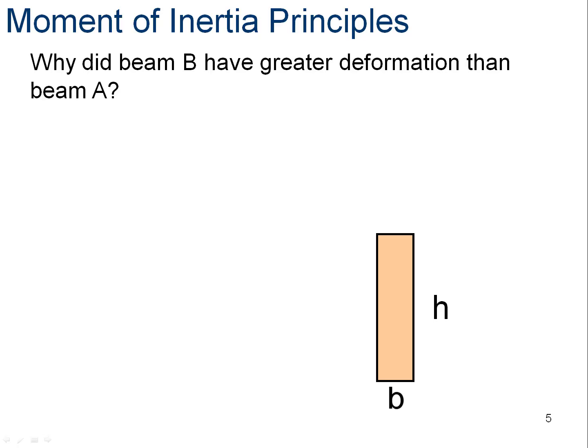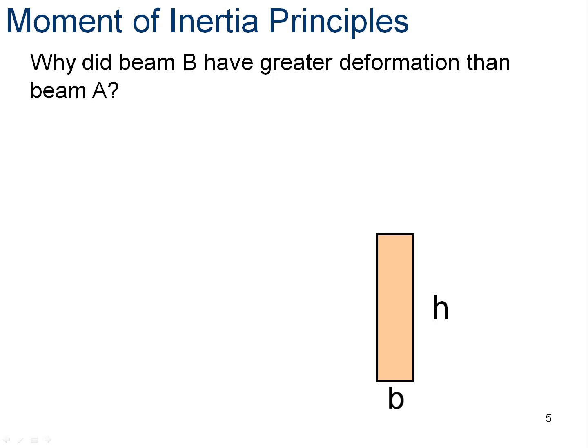So why? And the answer to that is because of the way the load is presented to the molecules within the beam. So when I look at a beam and I look at defining it, I have to define it as a height and a base. And the height is always the length that is in line with the force.